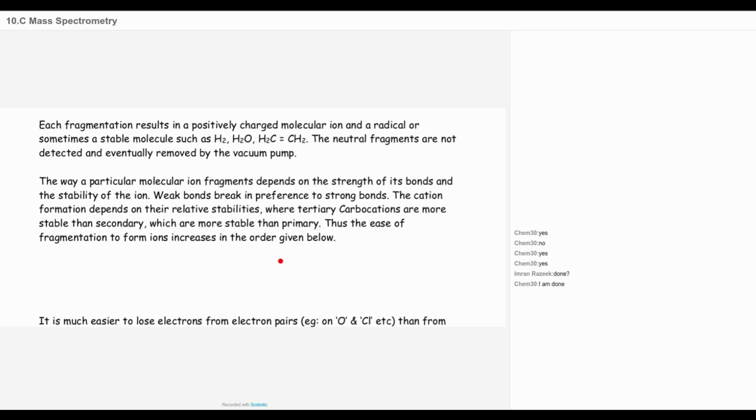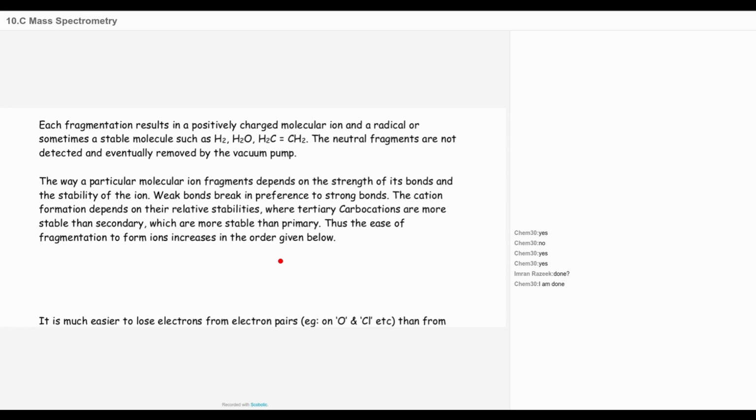That will be a carbocation, and of course chlorine is a diatomic molecule, so in that case, you get the simple atomic ion. But when it comes to a complex polyatomic organic molecule, you get the positively charged complex ion, which is carbocation, and the neutral species.